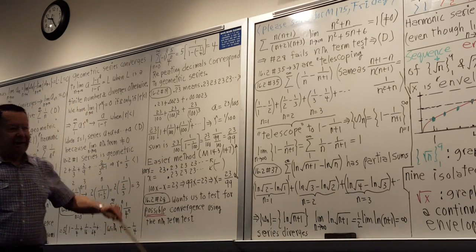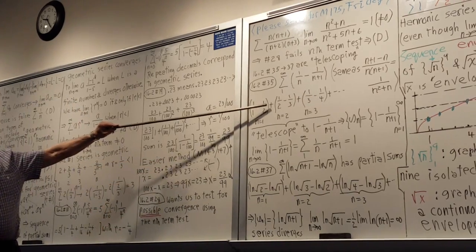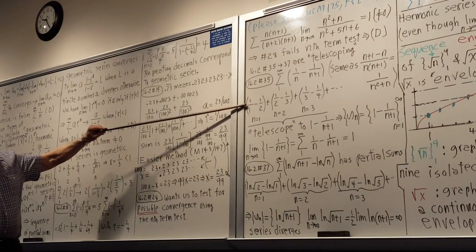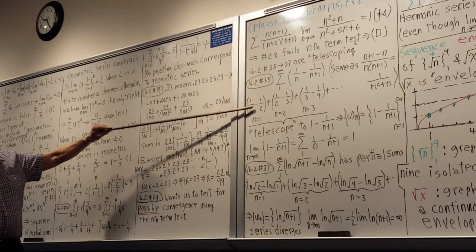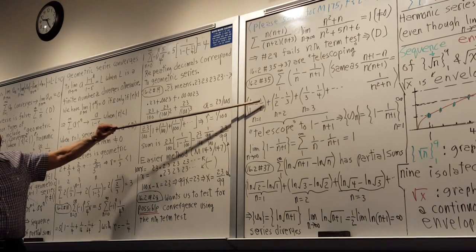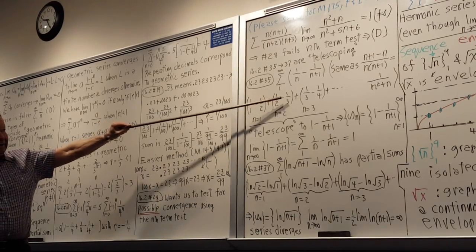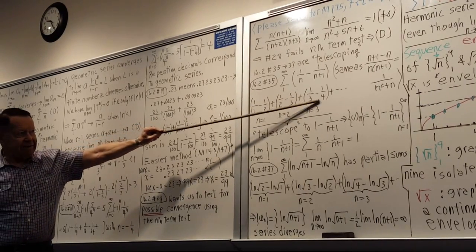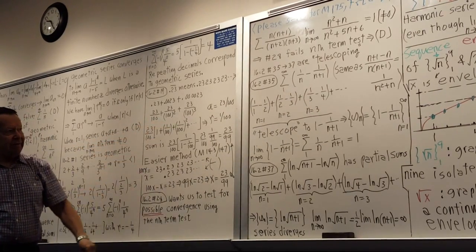Well, notice what happens if you take away the parentheses. You still have your 1 here, but those two cancel. So you have minus a half and plus a half. Then you have minus a third and plus a third. You'd have minus a fourth and plus a fourth.